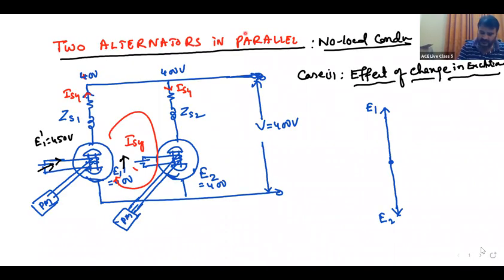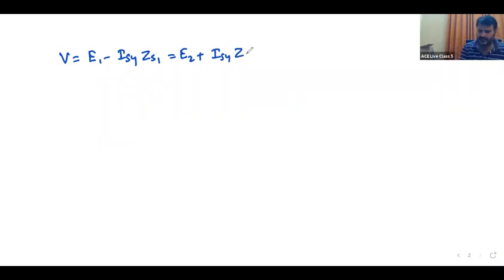Or, for this loop equation, how can I write it? The terminal voltage V is the same. V is equal to E1 minus ISY into ZS1, but this E2 is at lower potential compared with V. So the equation is: terminal voltage is equal to the first machine's E1 minus ISY into ZS1, that is equal to E2 plus ISY into ZS2.